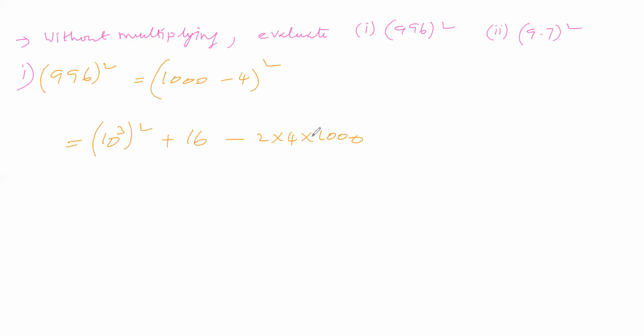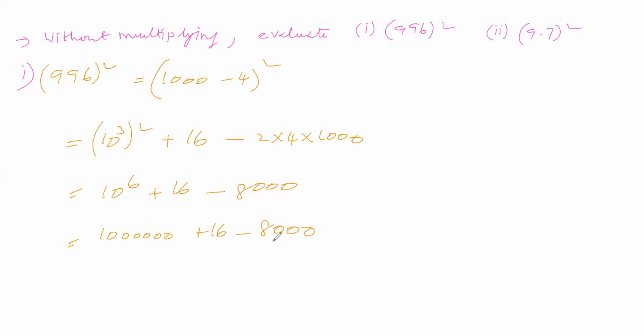So we got it like this. This is 10 to the power of 6, with 6 zeros. This is 16. 2 into 4 into 1000 is 8000.